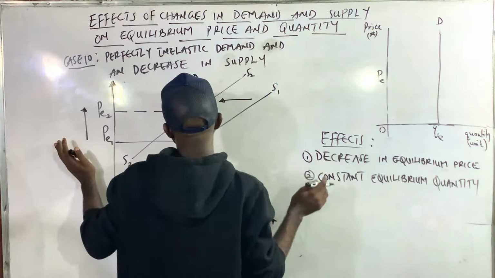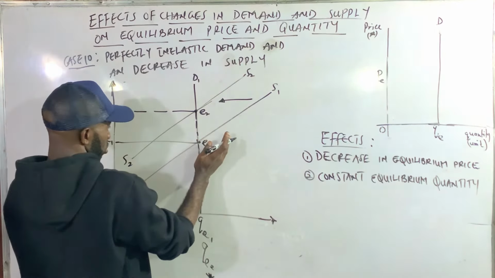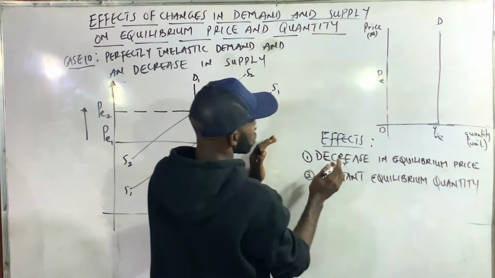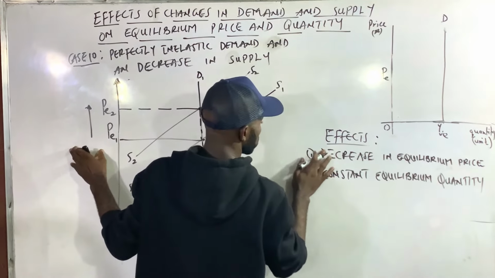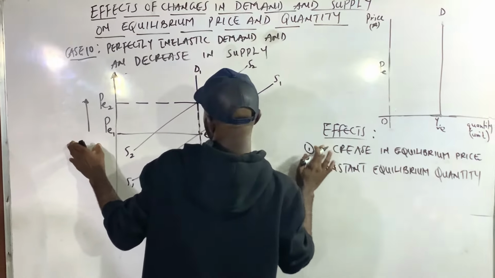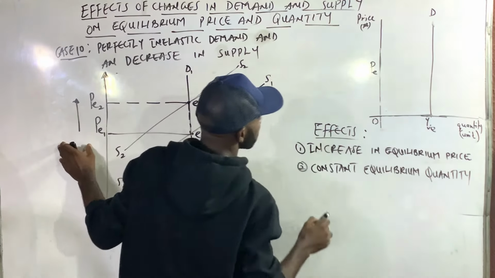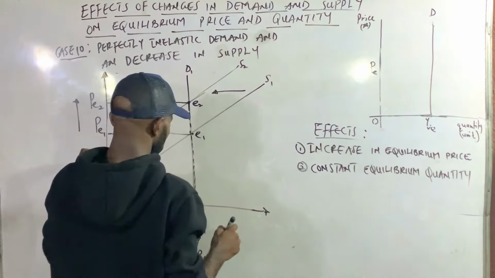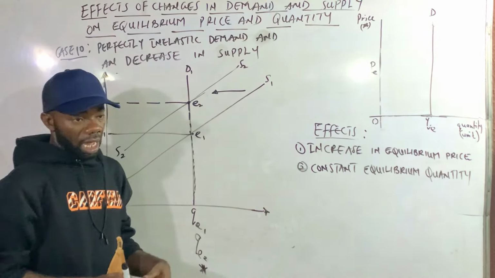And then for our effect, all we need to do is just transform what is here into the effect. You can see that equilibrium price is increasing, so we have an increase in equilibrium price and then constant equilibrium quantity. So this is the only thing that changes at the end of the day.